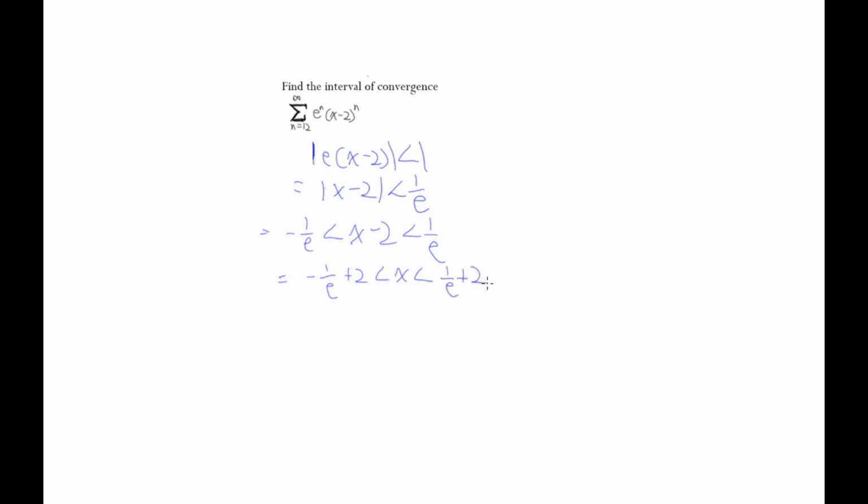And so this is our almost final interval of convergence.